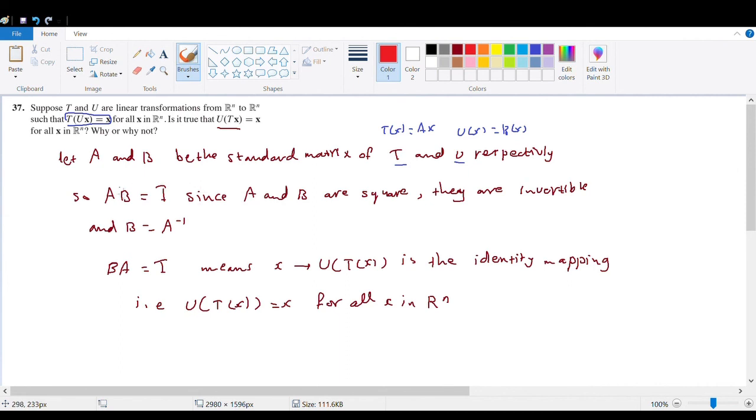Now if AB is equal to I, since both of them are square matrices, that means they are invertible, and the inverse of B is A inverse and the inverse of A is B inverse. So if we multiply B by A, we get the identity matrix. That means U(T(x)) is the identity mapping, i.e. U(T(x)) is equal to x for all x in Rn.